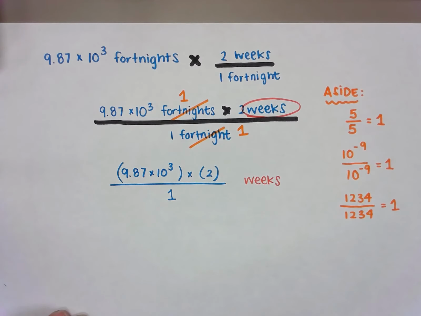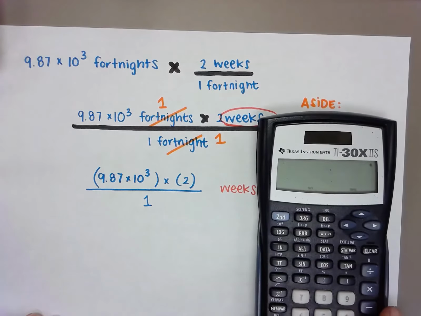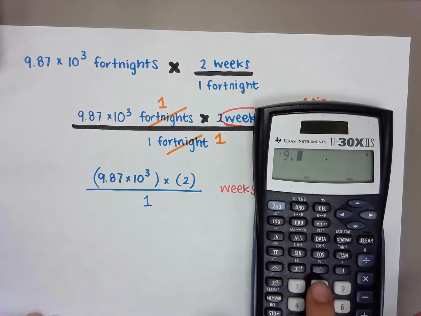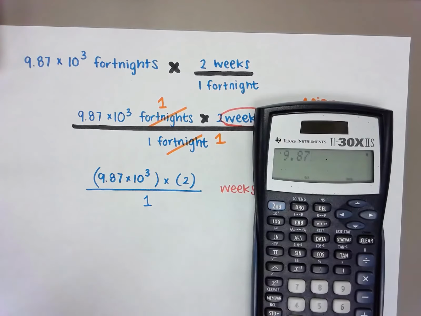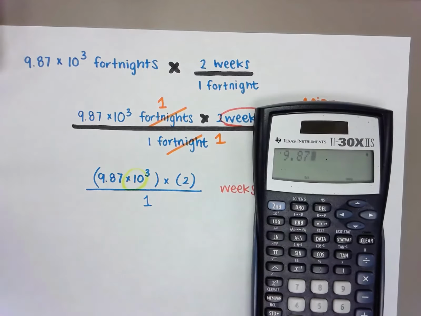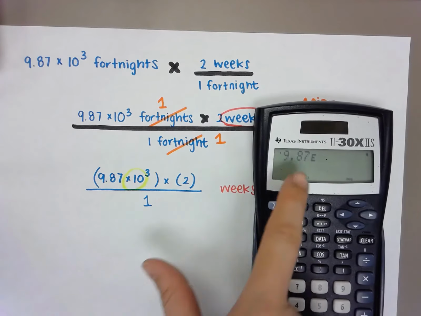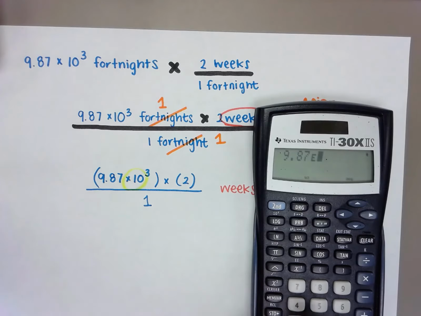And so here we've got our calculator. What I'm going to put in is 9.87, and then this times 10 to the. In your scientific calculator, you can use a specific function. You're going to press second, and then hit this button EE. You're going to see that E. That is the same thing as your times 10 to the, and now we're just going to put in our exponent 3.